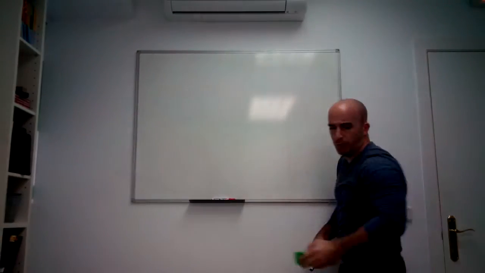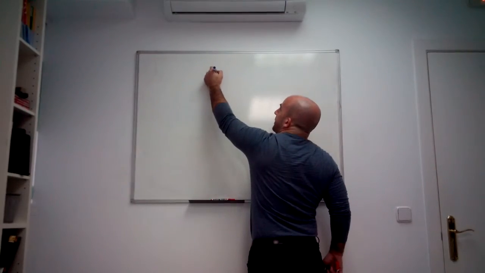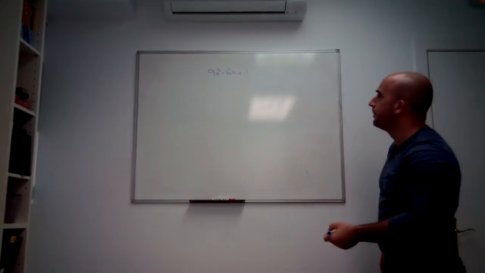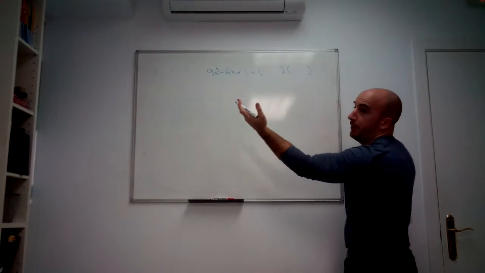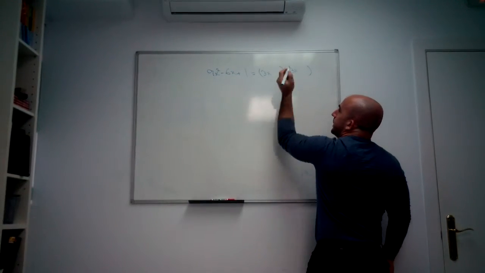Last one, that would be probably the most complicated one you get. 9x squared minus 6x plus 1. Okay? First of all, now we see, looking at the previous example, that needs to be 3x and 3x. Okay?